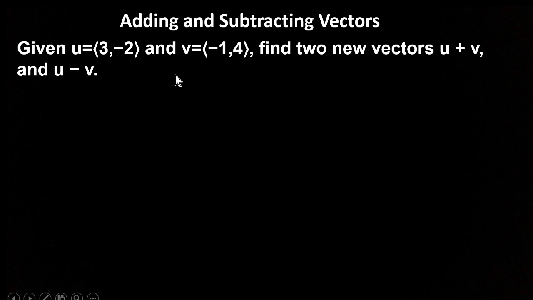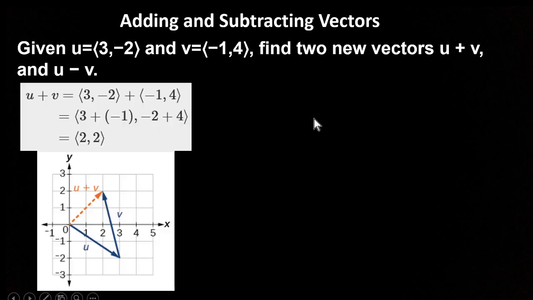The way we add and subtract vectors using algebra is by just adding the components and subtracting the components. So u plus v would be 3 plus -1, comma -2 plus 4, so it's 2, 2. And if you draw them in the coordinate plane and do it geometrically, you get the same answer. Now what about u minus v?